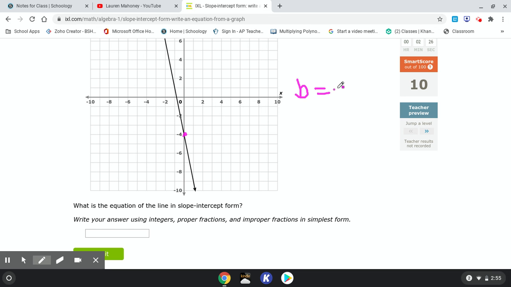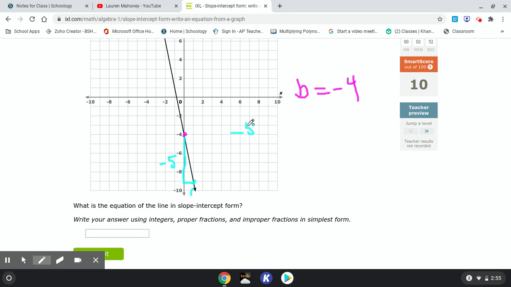Now for the next one, let's go ahead and erase this little bit here. So let's look and see what's going on with this graph. Here you can see my y-intercept is -4. So I'm going to have a b value of -4.